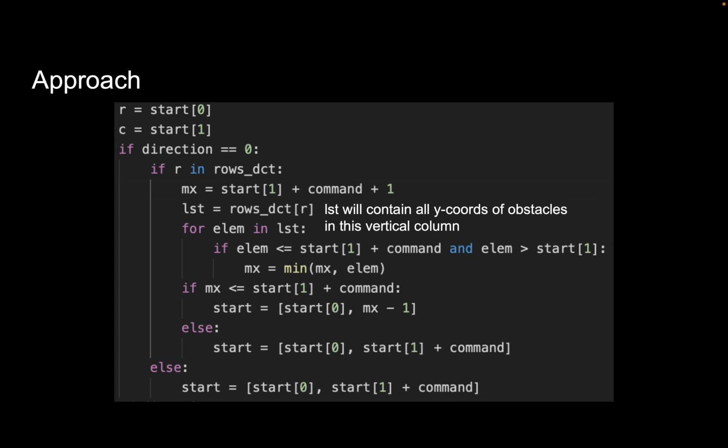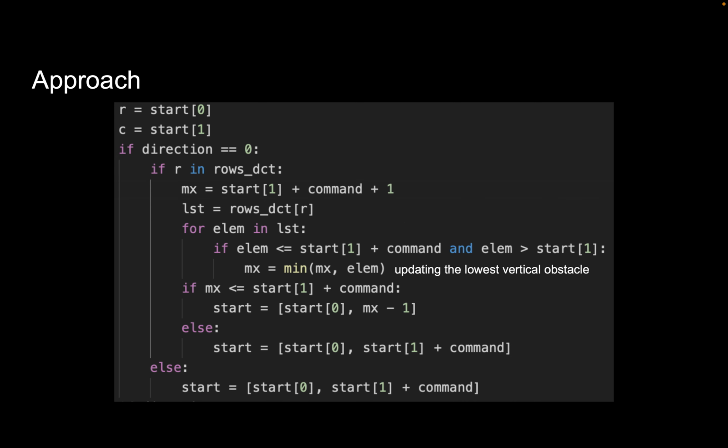You need to note that not all of these y coordinates are going to be within our range, between the current start and the maximum possible position. So for each element in the list, we need to check that the element is indeed less than or equal to the initial start y value plus k, which is the command, as an obstacle beyond our range of motion is not relevant to us.